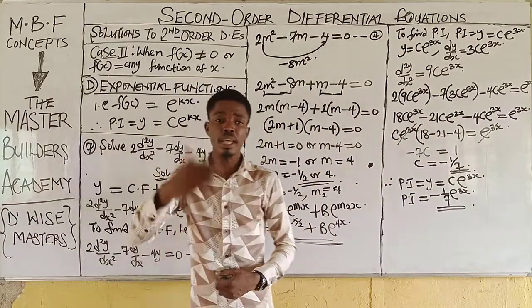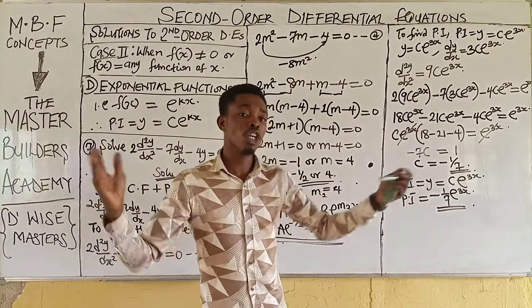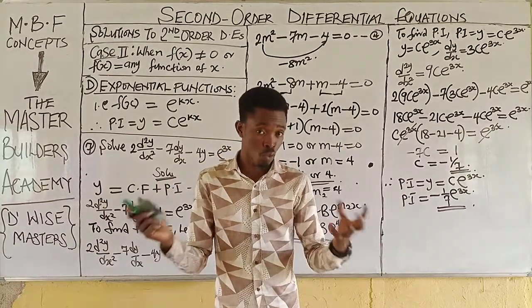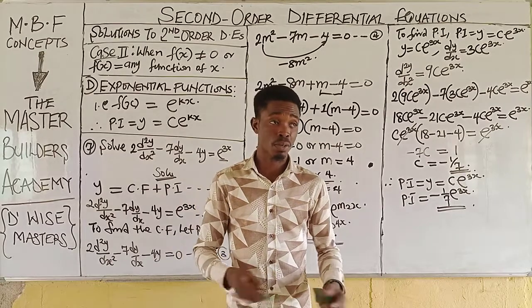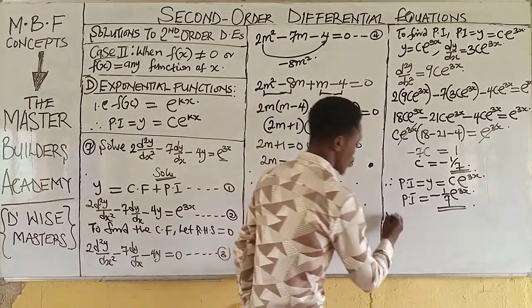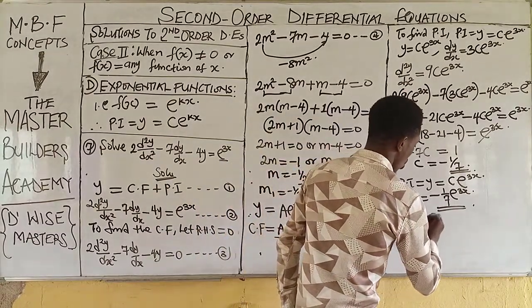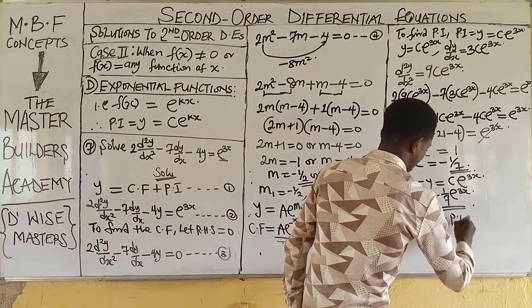Now that we have obtained the particular integral, we have equally obtained the complementary function. All we need to do is to sum up the two results. That's all. So we call equation 1, that equation 1 general solution becomes complementary function plus particular integral.